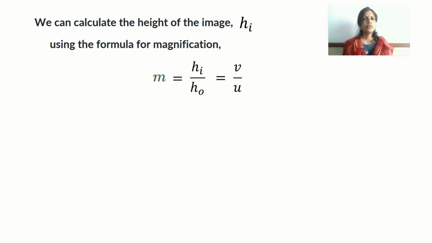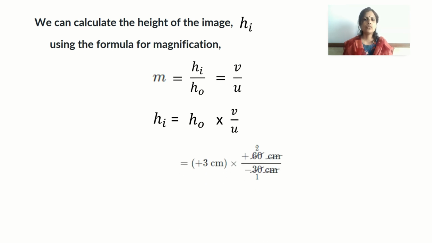So magnification is equal to height of image upon height of object, and this is related with image distance and object distance as V upon U. Since we have to find out height of the image, we will change our formula to HI is equal to HO, that is height of the object, into V upon U. Let's substitute these values because we have height of the object, we have image distance and object distance both. So plus 30 into plus 60 upon minus 30. Let's cancel this out. 30 2s are 60.